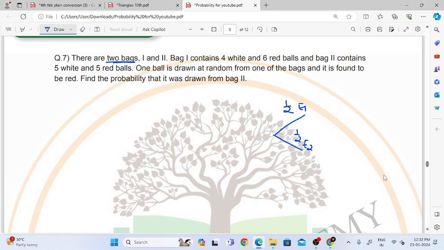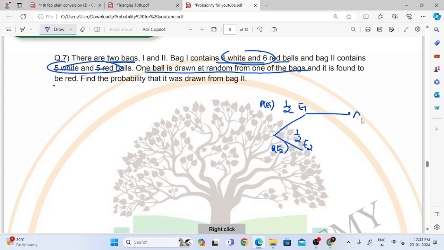So this is P of E1, this is P of E2. Bag 1 contains 4 white and 6 red, bag 2 contains 5 white and 5 red. So in both bags we have a total of 10 balls. One ball is drawn at random from the bag and it is found to be red. So let the new event we define be that the ball is red.